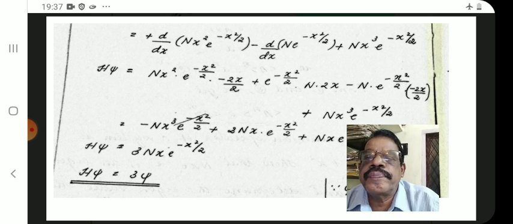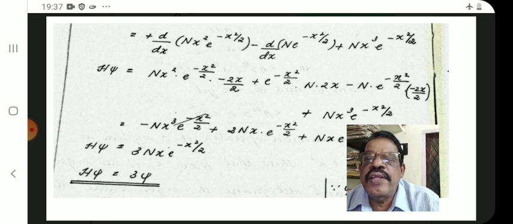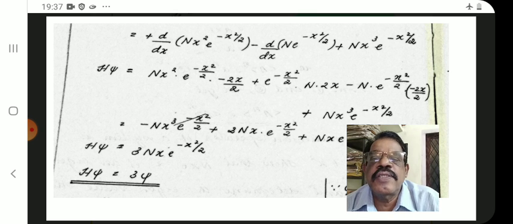Now the first term in the bracket, we differentiate using the product rule. First function into derivative of second plus second function into derivative of first. Here the first function we take as nx square, the second function as e raised to minus x square by 2. Therefore, nx square into e raised to minus x square by 2 into minus 2x by 2 plus second function e raised to minus x square by 2 into n into 2x.